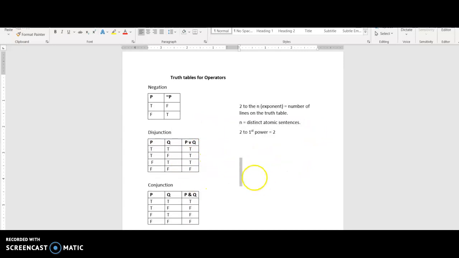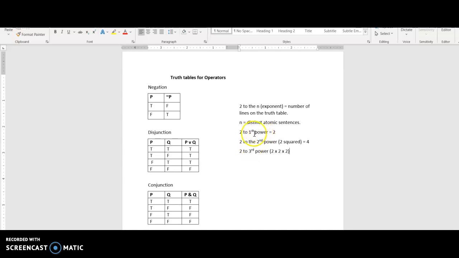But now when we have two distinct sentences, P and Q, that's 2 to the second power, or 2 squared, which equals 4, of course. That means we need 4 lines on the truth table: 1, 2, 3, 4. If you have 3 atomic sentences, 2 to the third power is 2 times 2 times 2.